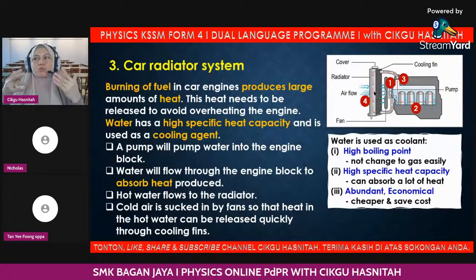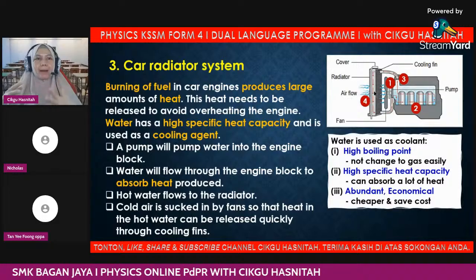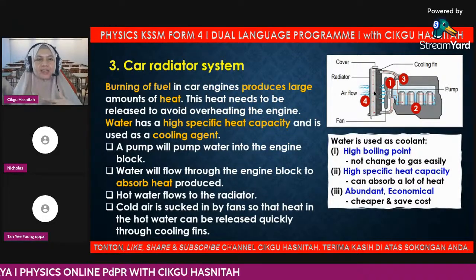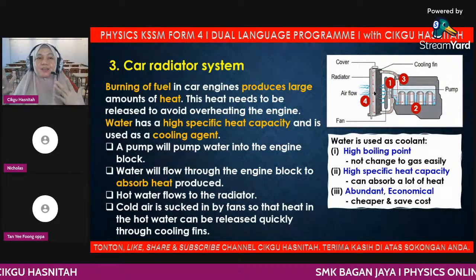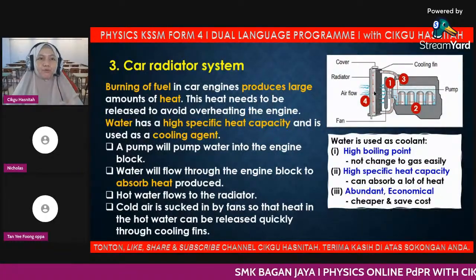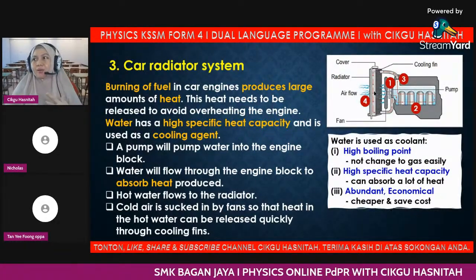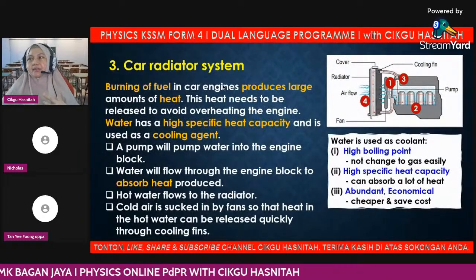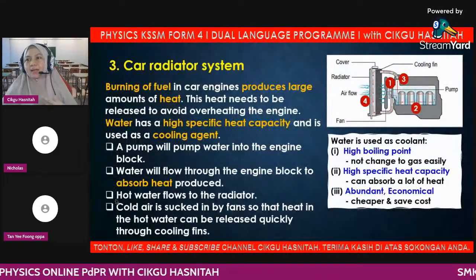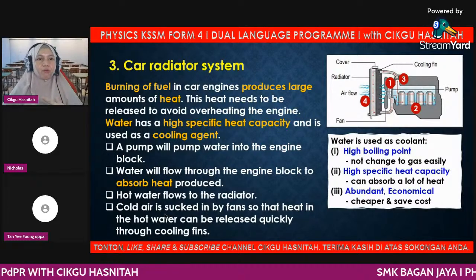So the water will be cooled down and flow back to the pump, and the process begins again and again until you stop the car from moving. Okay, you stop the engine. So this is the cooling mechanism in a car radiator system from number 1 to number 4.